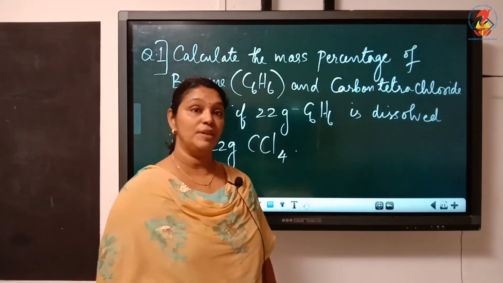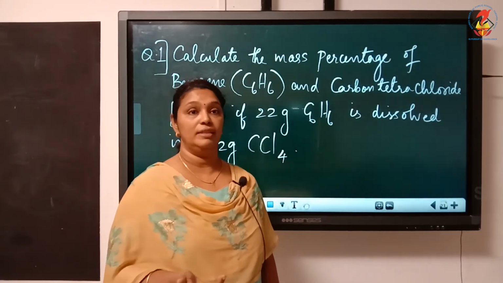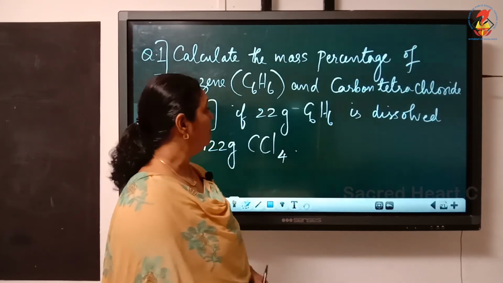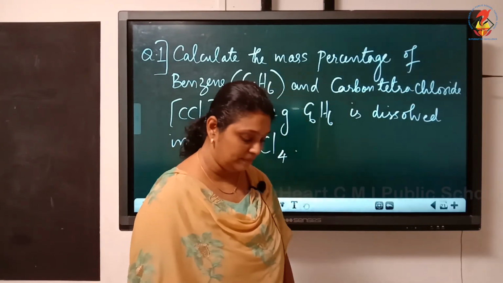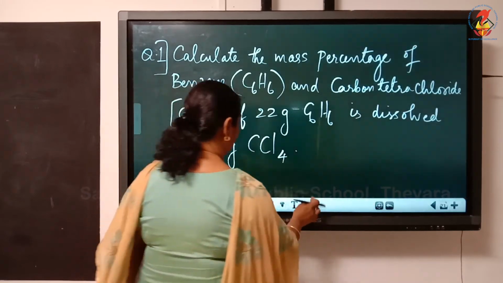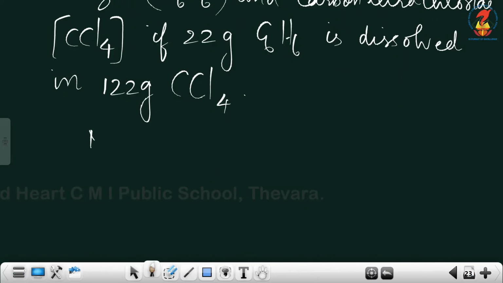And if you know the mass percentage of one component, the other component you can find by subtracting it from 100. So I am going to find the mass percentage of benzene first. First, let's write the expression.